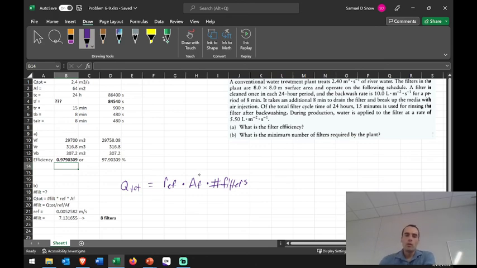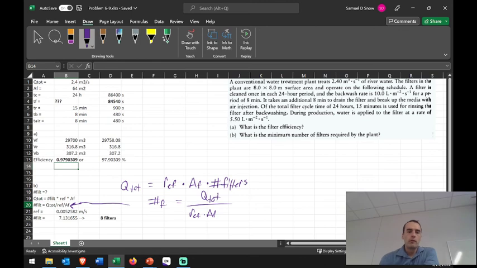Okay, so then we can solve this one for filters, and say the number of filters is going to be equal to the Q total divided by the R effective times the area of one filter. And so that's what I have shown right there.